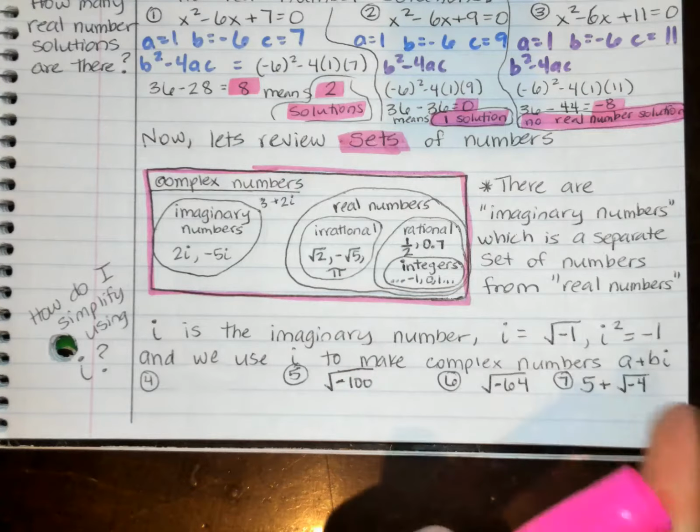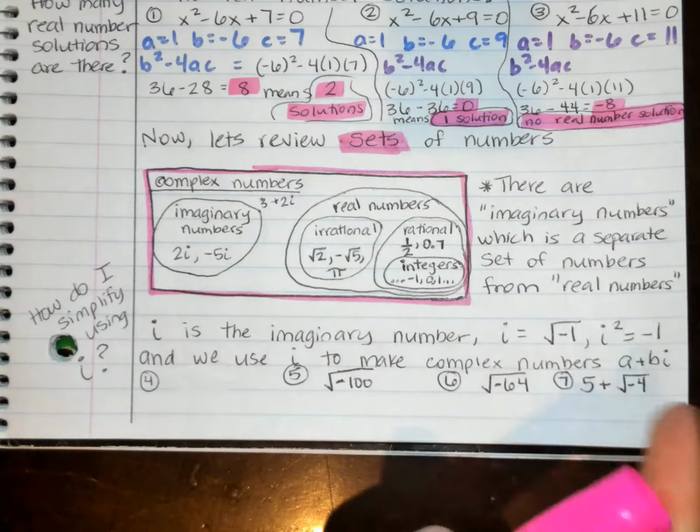There are complex numbers, imaginary numbers, real numbers, irrational numbers, rational, integers, and I didn't have any space to put in the integers, but within the integers there are whole numbers and natural numbers. So there's a lot of different types of sets of numbers.